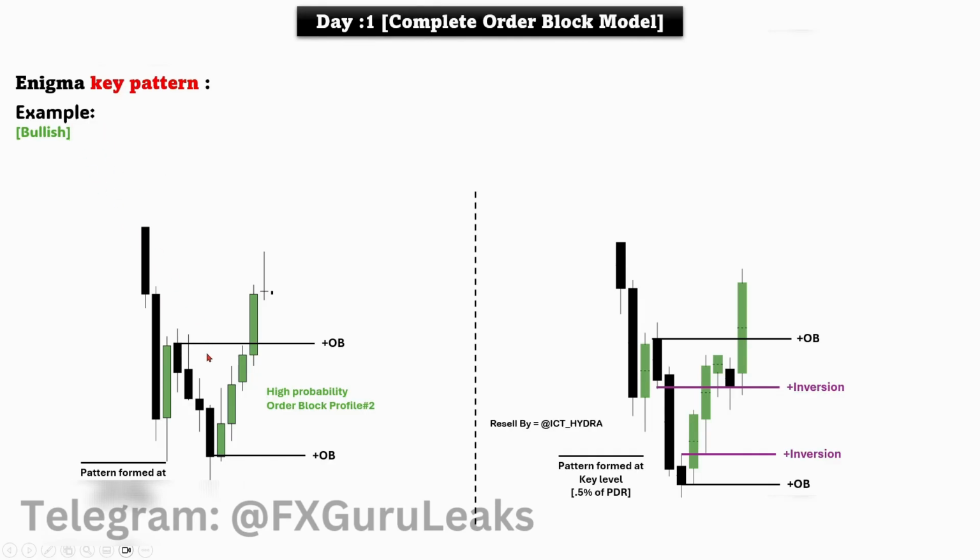It's very similar to our previous lecture on order block. This is our high probability order block profile 2, and this is our pattern, and we are applying this pattern at the 0.5% of our previous dealing range, right?